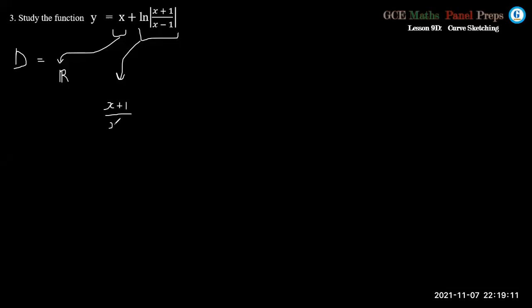The last function we did on logarithm did not have absolute value, so I'm taking this function because it has absolute value. The condition for this function to be defined is that this value should not be equal to 0, because if this is equal to 0, the log of 0 will not be defined. So this should not be equal to 0.